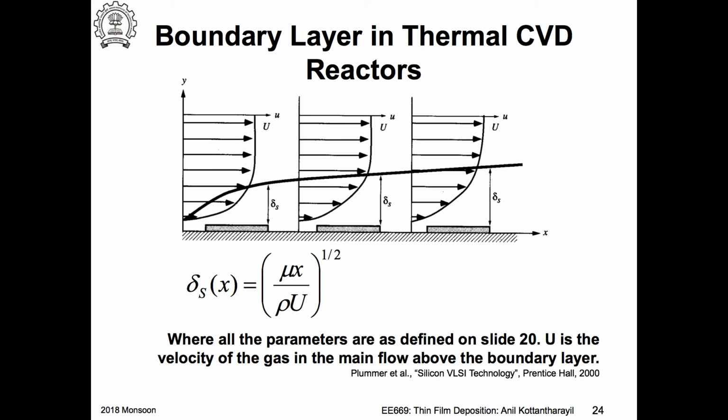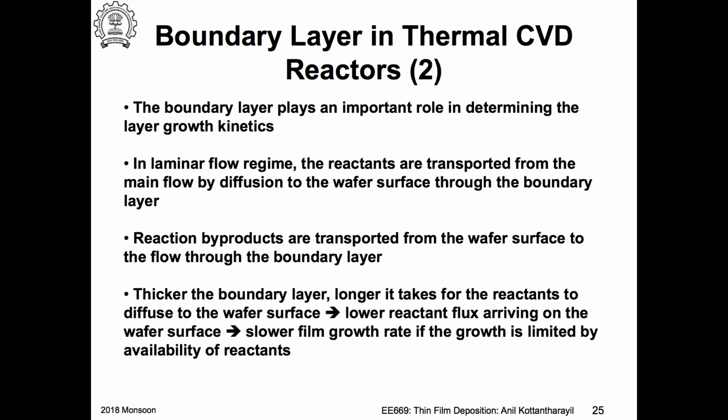But in this case, the second component, the flux of the reactants through the already grown layer, is not important, because you are depositing on the top. So what becomes important is the transport of the reactants through this boundary layer in the gas flow, and then the actual reaction rate on the surface.